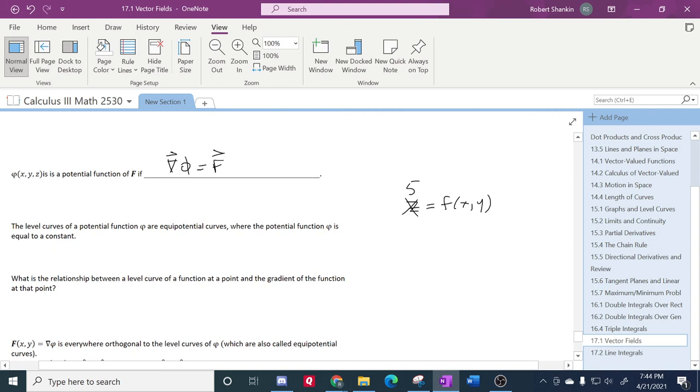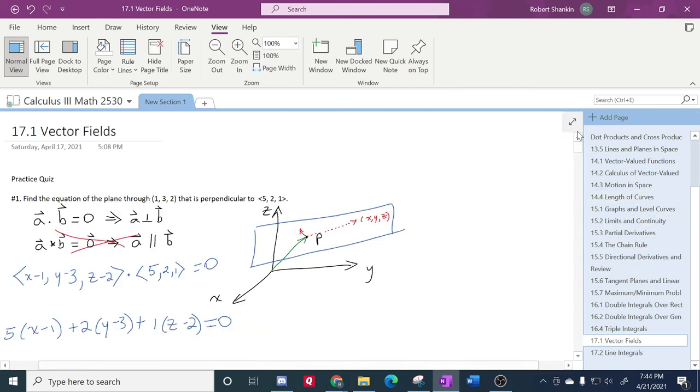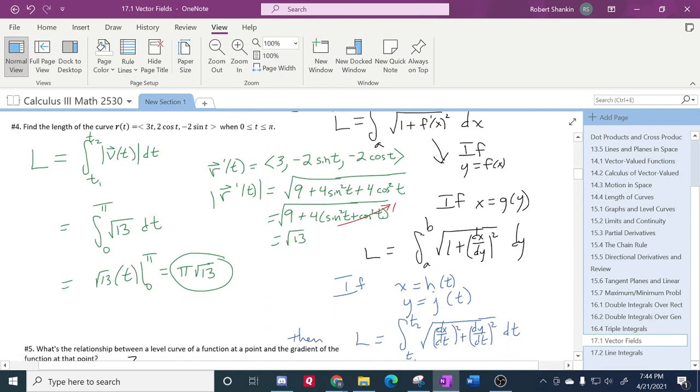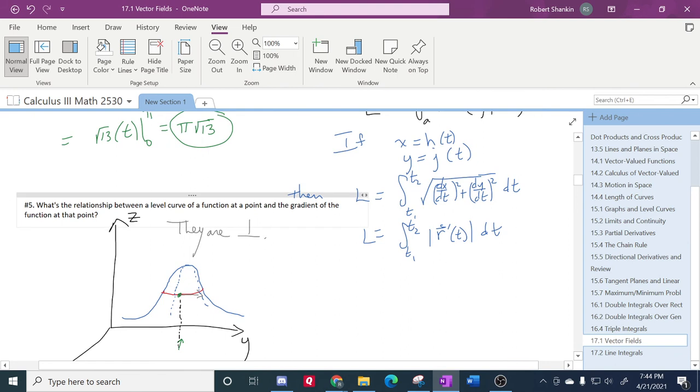Okay, what's the relationship between a level curve of a function at a point and the gradient of the function at that point? Now this, let me zip you back up to the top. That was one of the practice quiz problems. The level curve is where you're going to stay at the same height.